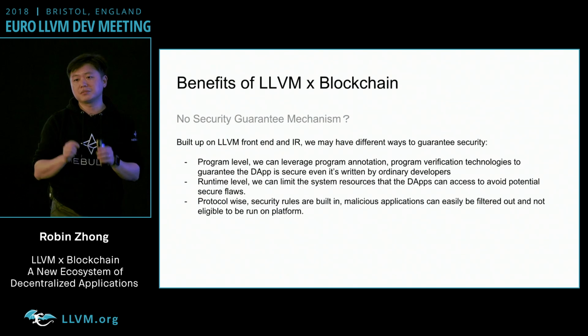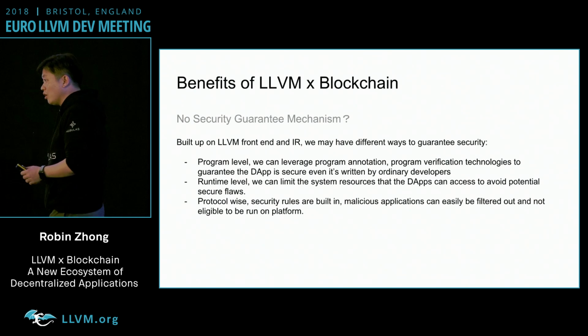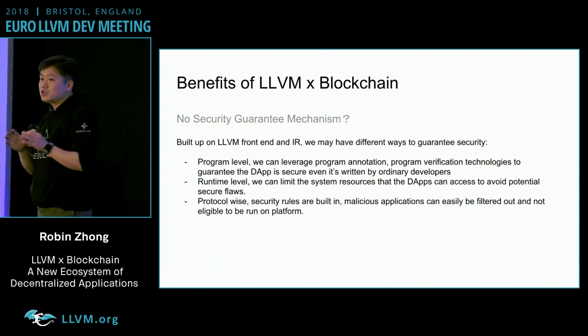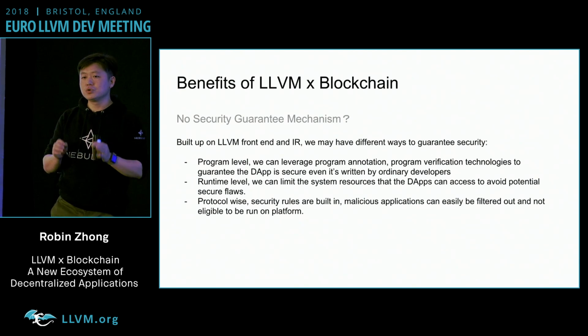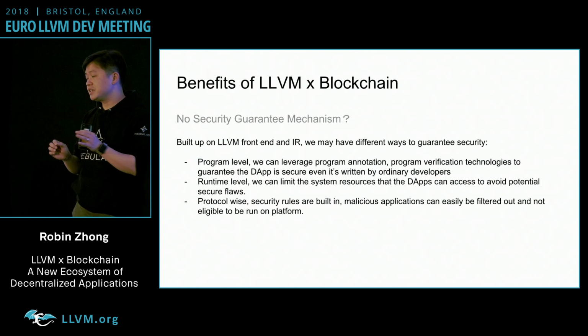We can disable some dangerous instructions, for example, system calls, or maybe disable the I/O. And we can also limit the memory use, keeping the memory access of the instructions limited to our given space.